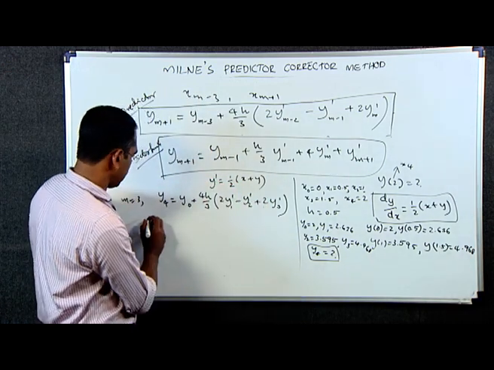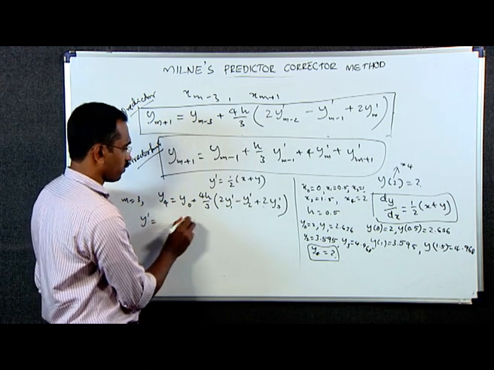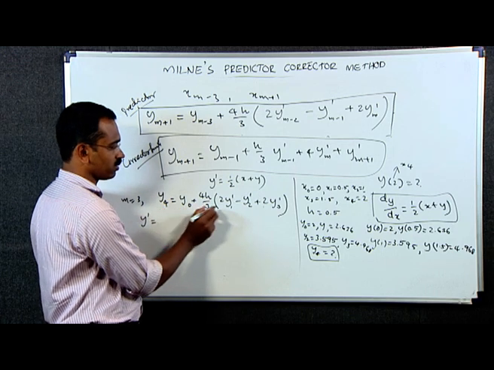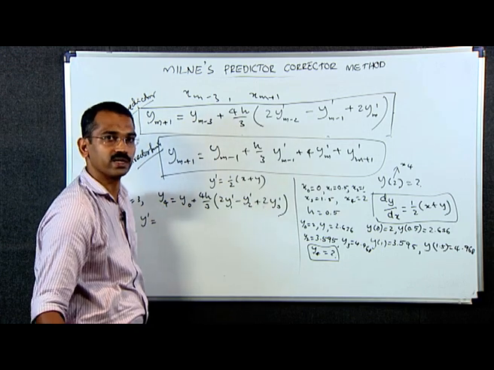In order to find this y4, we want y1 dash, y2 dash and y3 dash.